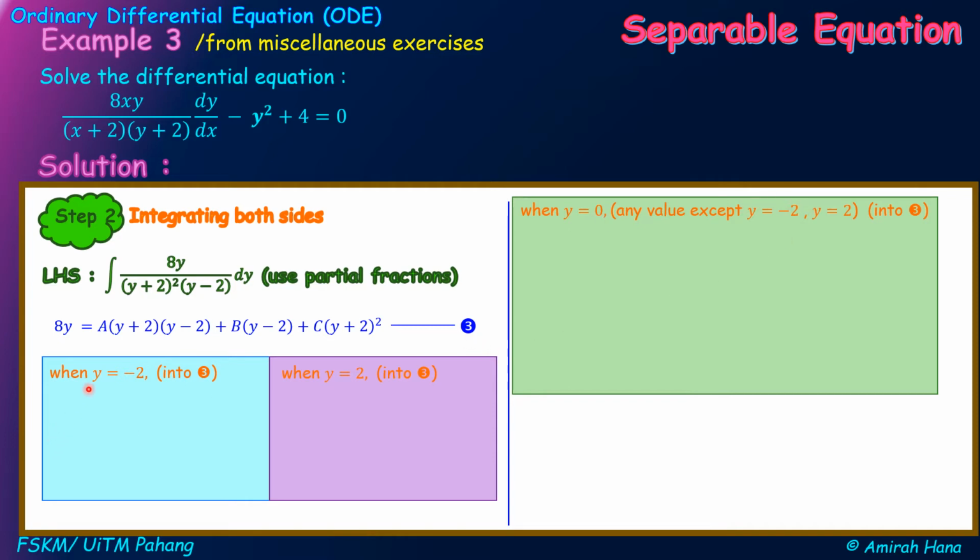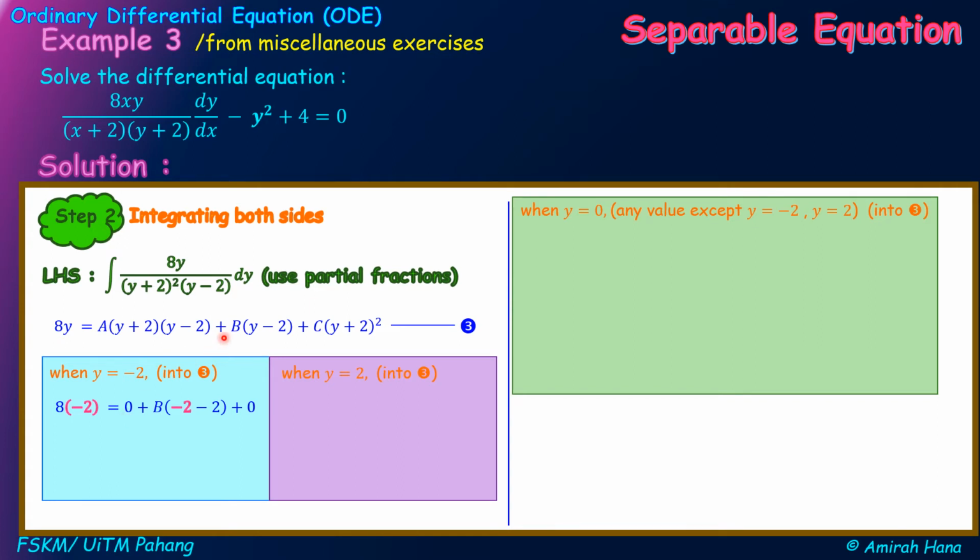Alright, first, after we substitute y equals negative 2 into equation 3, we have 8 times negative 2, and when we substitute negative 2 into the factor y plus 2, we have 0 here. Because we equate y plus 2 to 0, then we get y equals negative 2. So 0 times any value equals 0.